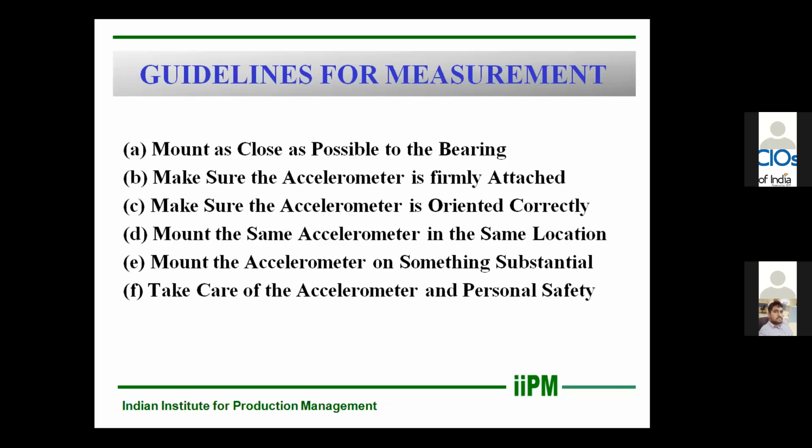This is a very important factor, because every time, whether you take readings in January, February, March, April, you should always take the reading at the same location, because the same location will give you the total pattern of the entire history of that machine.